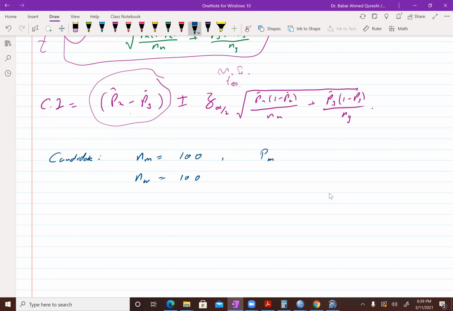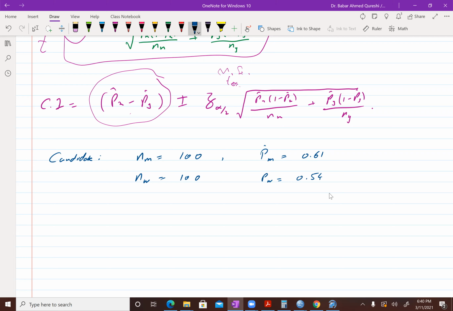And they find that 61% of the men in the sample, they want to make a statement about the whole population, because that's the interesting thing. But they find that in the sample, 61 men out of these 100 support them. So the sample proportion is 0.61, and 54 women support them out of these 100 sampled women.